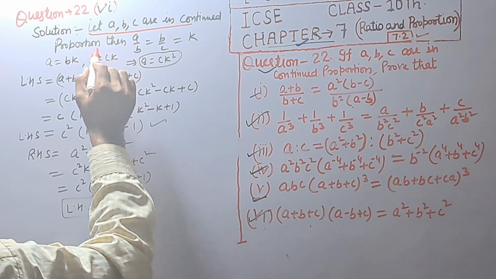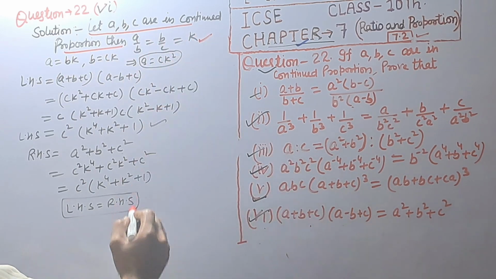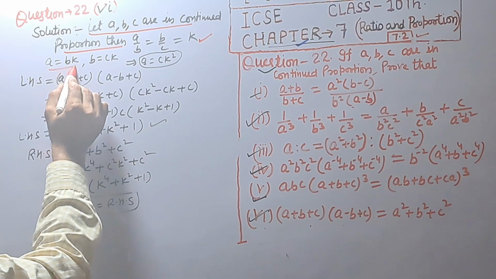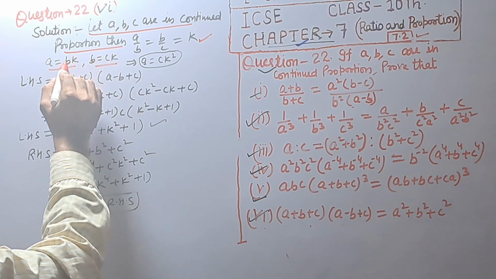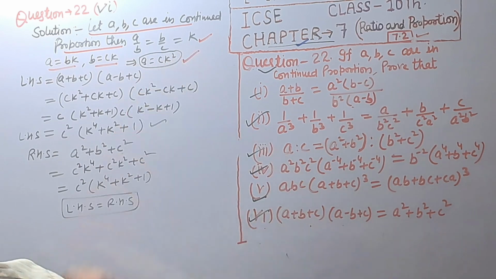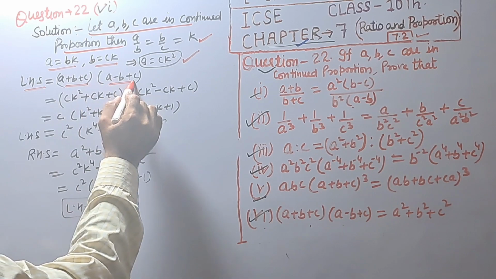Let a, b, c be in continued proportion, then a upon b equal to b upon c, that is equal to k. A equal to bk, b equal to ck. We are putting b equal to ck in first, then we get the value of a equal to ck raised to power 2. And left hand side is a plus b plus c into a minus b plus c.